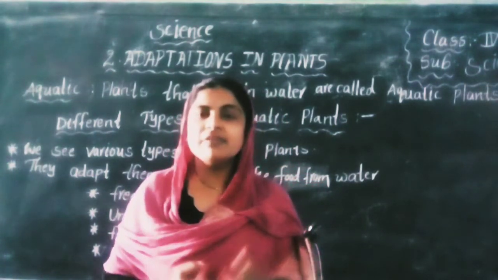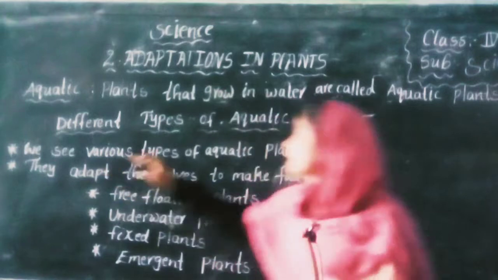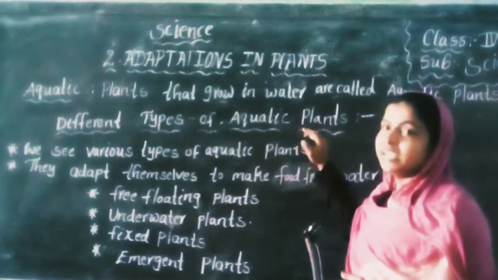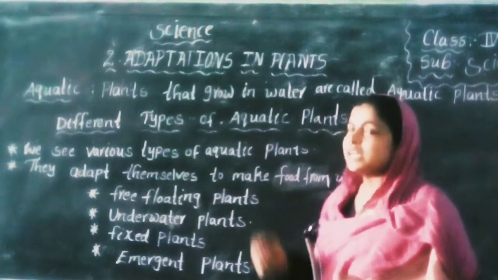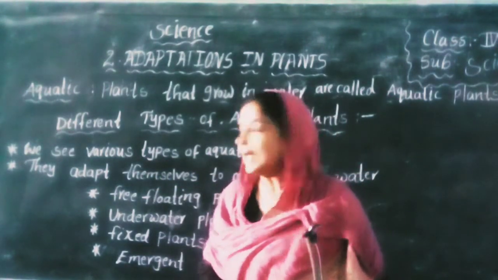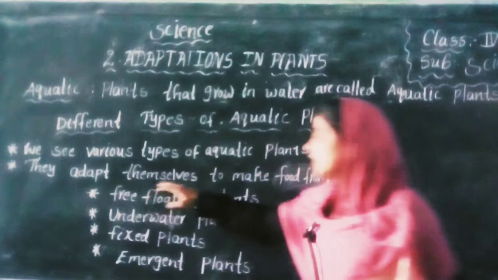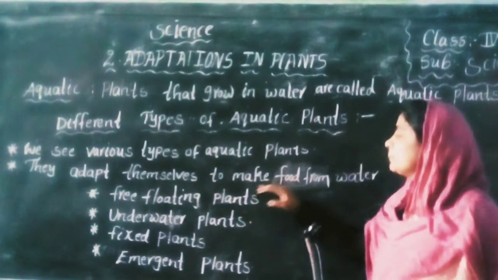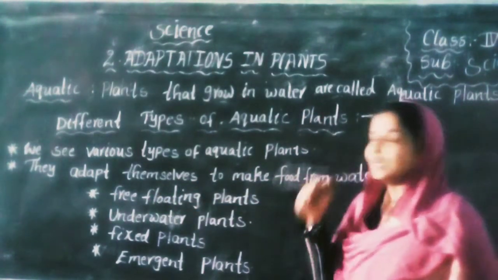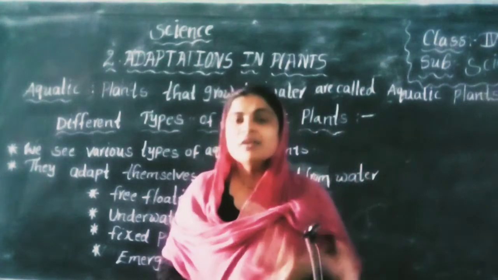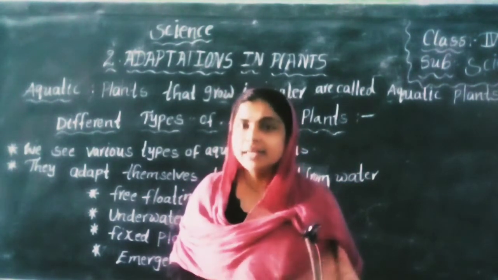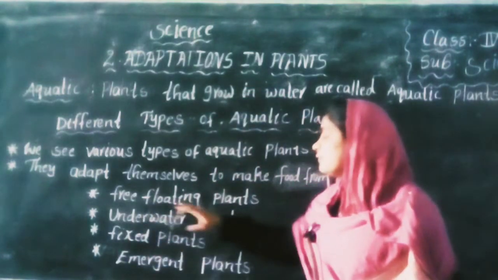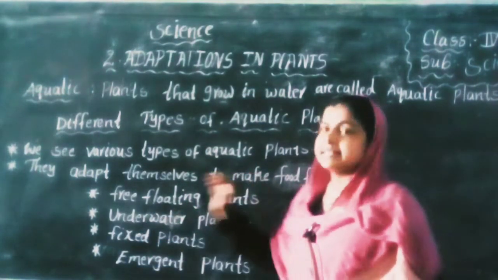In this class, we are discussing different types of aquatic plants. They adapt themselves to make food from water. There are four types of aquatic plants. First one, free floating plants.